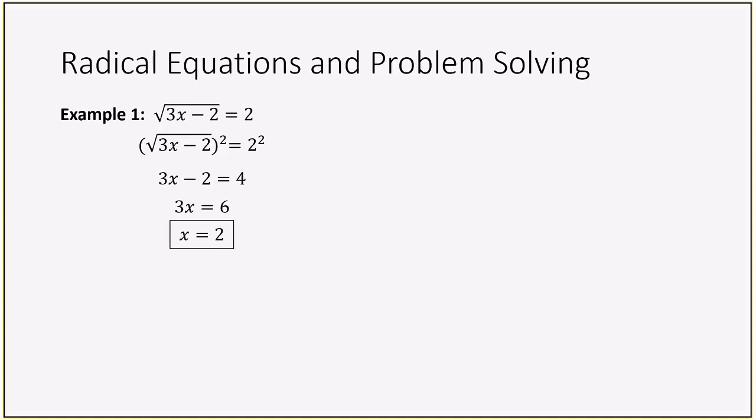Now, if we're dealing with square roots, this is the first time in the class where it is no longer just a good idea to check your answers, you have to check your answers, because you can do everything right and your answer could still not work. Maybe it's the second time we've talked about that.